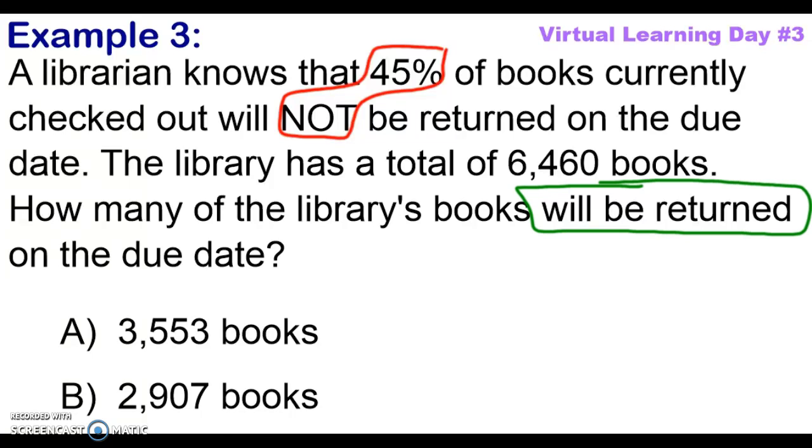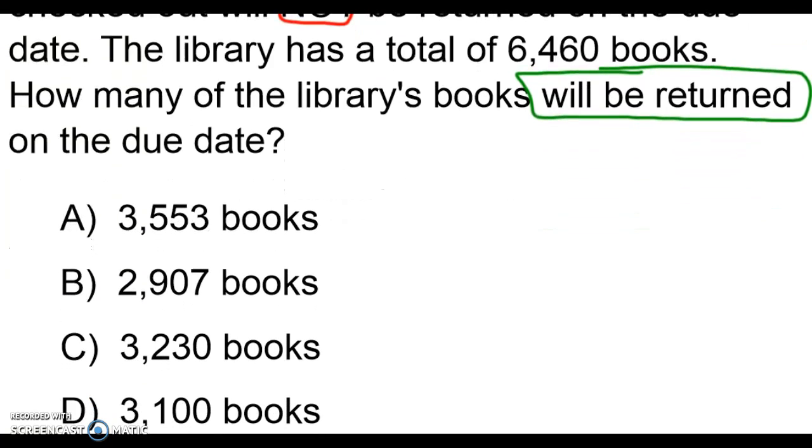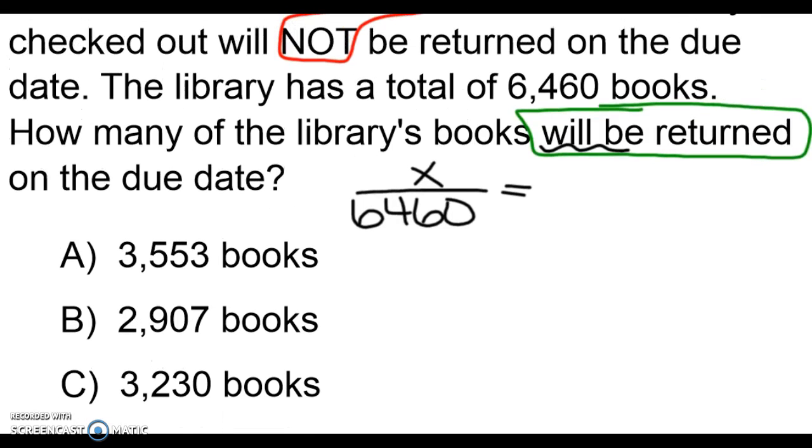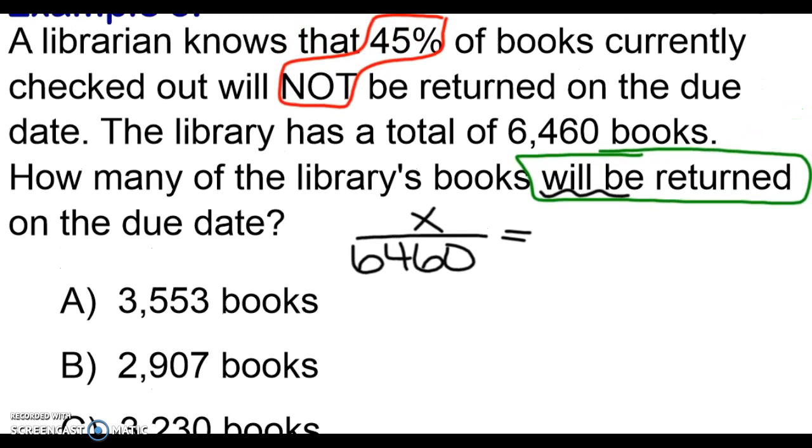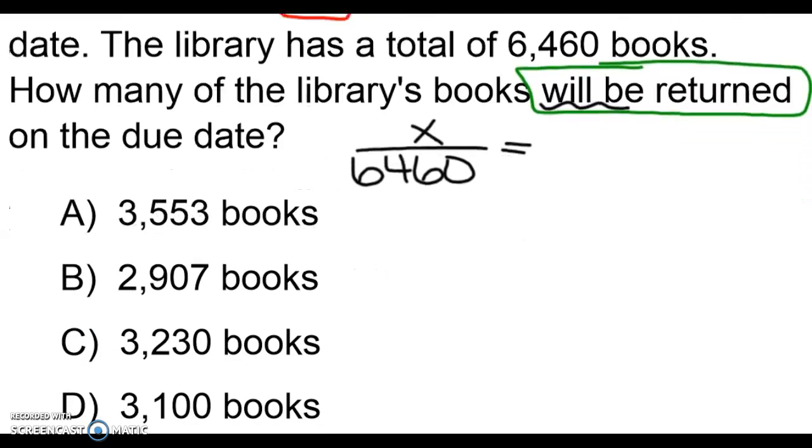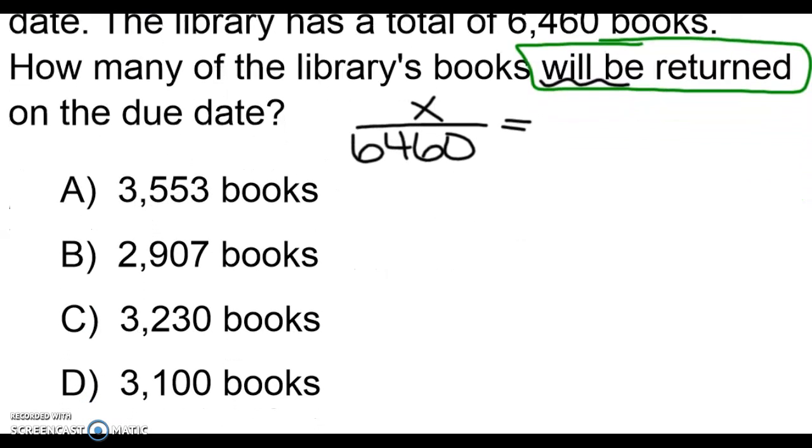So I'm going to go ahead and set up my proportion. We don't know how many will be returned, so that's X over the total amount of books that we have. And even though it does say 45%, we addressed that, and that 45% represents the percent that will not be returned. So I actually want to say 55% here because I know that those are the ones that will be returned.